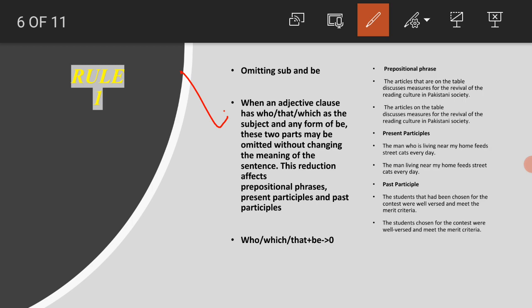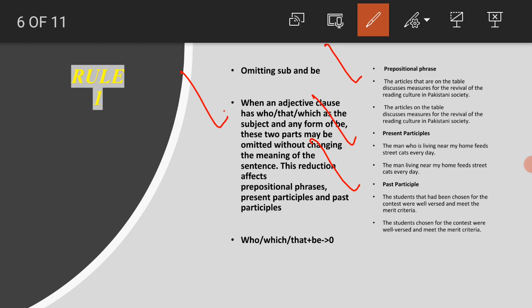Okay? And there can be three categories of such sentences in which you can reduce the relative pronoun along with the be verb. They can be prepositional phrase, present participle, and past participle. So look at the first sentence. The articles that are on the table discusses measures for the revival of the reading culture in Pakistani society.